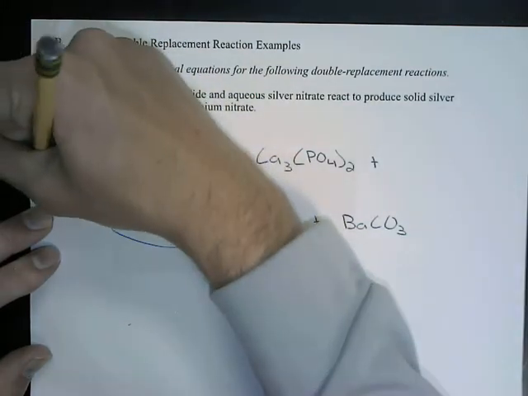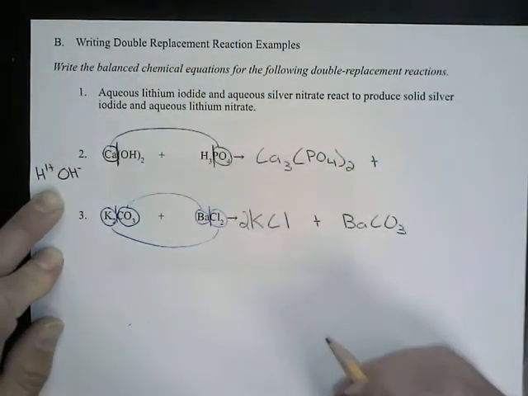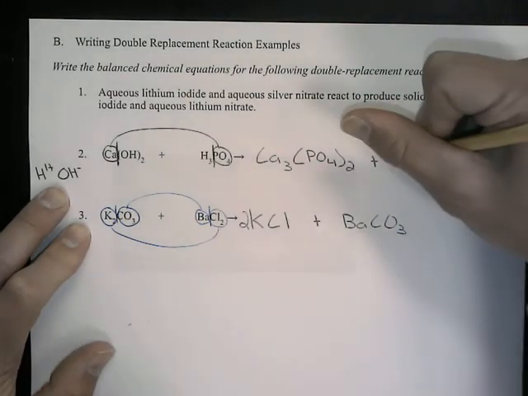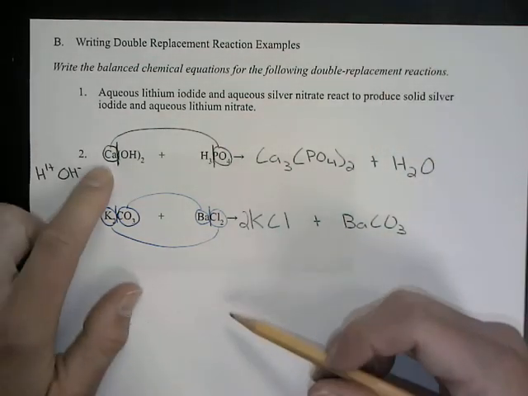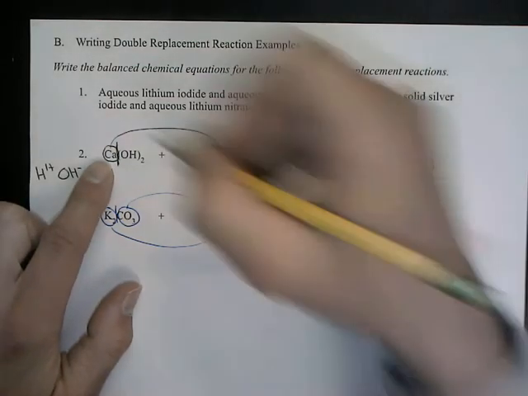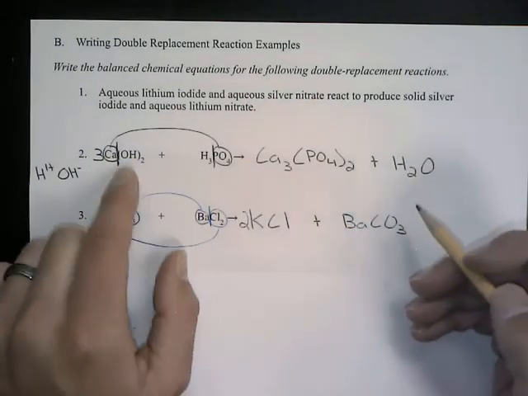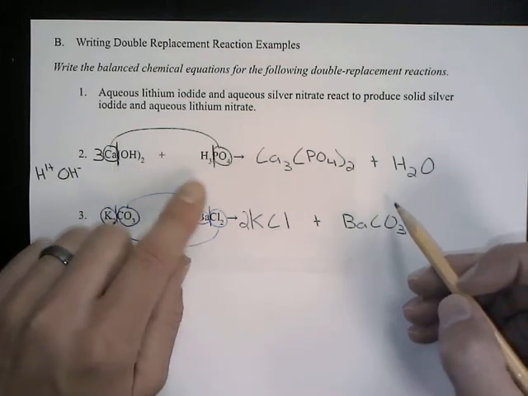Now, remember, I'm going to write this out to the side as H+ plus OH-. You could write it as HOH, but whenever you see this, it is going to be H2O. It's going to be water. And so what we would do here is this. We have to balance it, so we'd need 3 out in front of calcium.